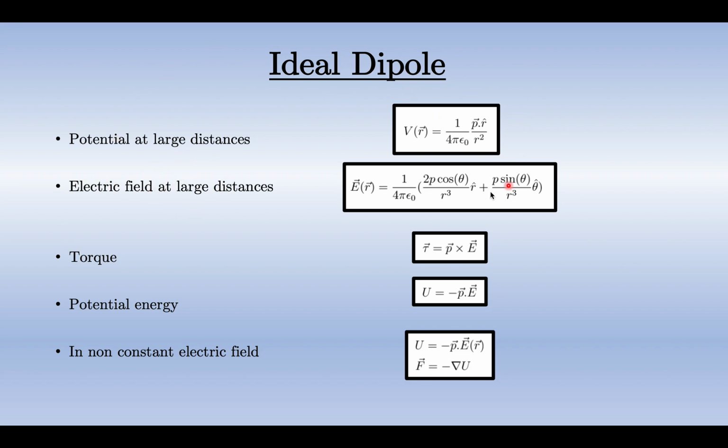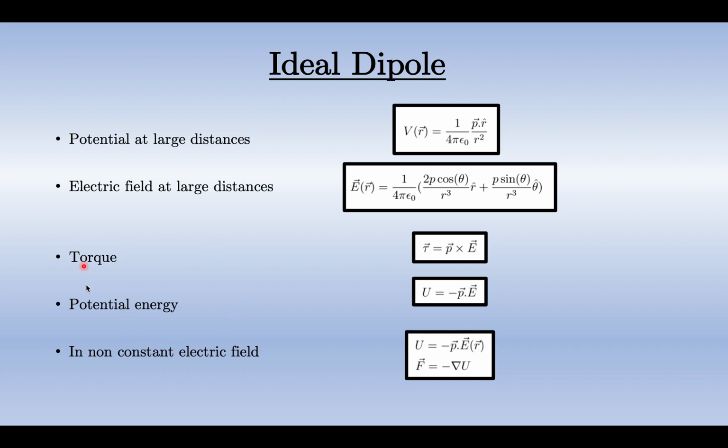The electric field can be obtained by taking the negative gradient of this, and we will get this in spherical coordinates. Based on that, we can find the torque, because the net force in a uniform electric field will be 0, so we calculate the torque, which is not necessarily 0, by taking the cross product of the dipole moment and the electric field vector.